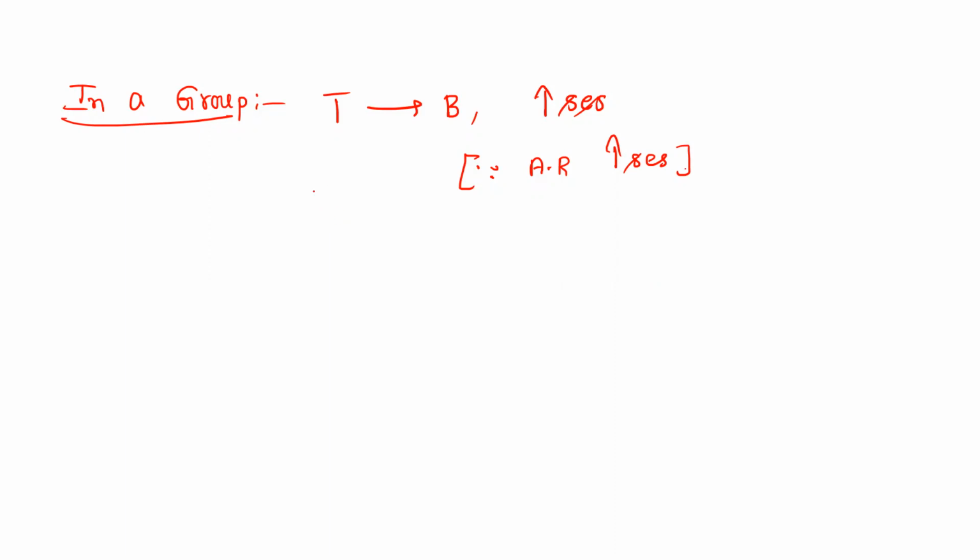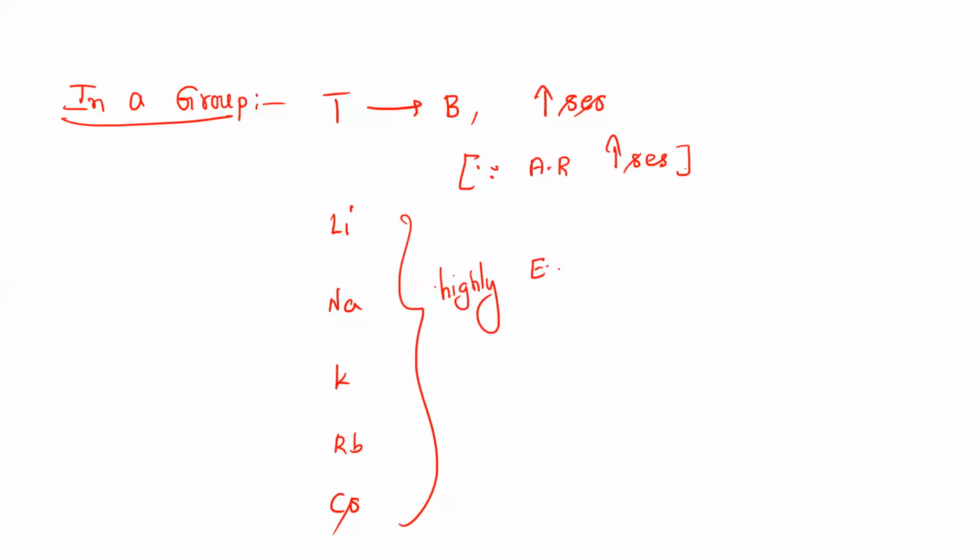So if you see, first group elements are highly electropositive. Let's suppose lithium, sodium, potassium, rubidium, cesium. These are highly electropositive, so these are highly reactive. Again, from top to bottom it increases, right?